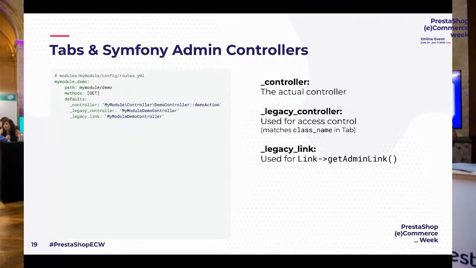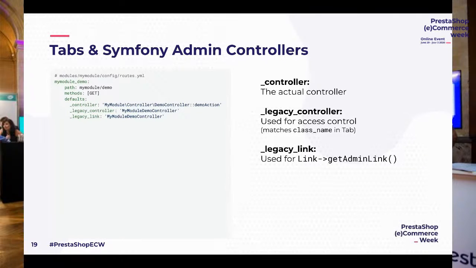So when you create Symfony controllers in modules, of course, you have to create a route so that when you have this URL for the user to access, you have to wire this URL to your controller. So this in Symfony is done through configuration, the routes.yml configuration file.